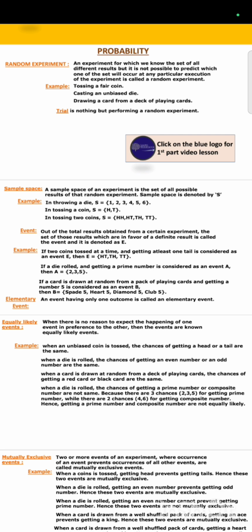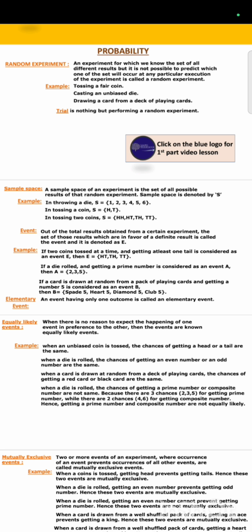Before performing the task, we know what the outcome, meaning the result, can be. But the actual outcome in a particular case is not known in advance. This is called a random experiment.